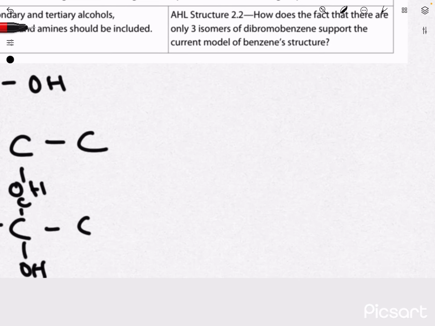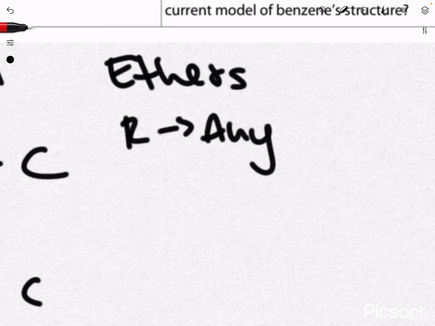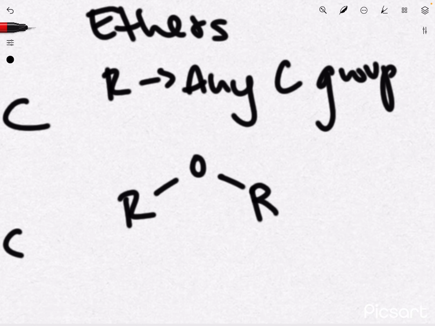Now moving on to ethers. Before we get into this, we're going to introduce a new letter in terms of formula, which is R. R is simply any carbon-containing group. So an ether will look a little something like this. Here, this little dash up here is just to tell us that this carbon group can be different to this one.